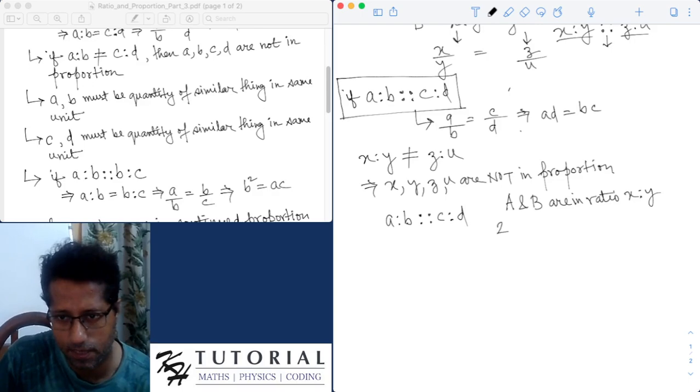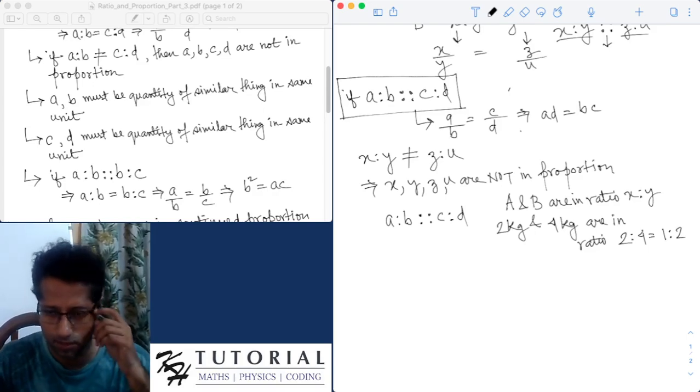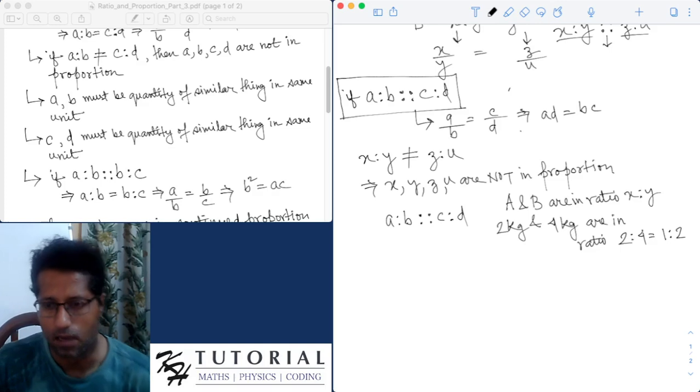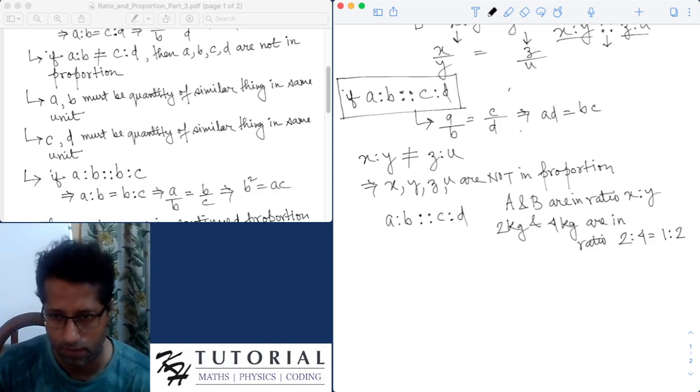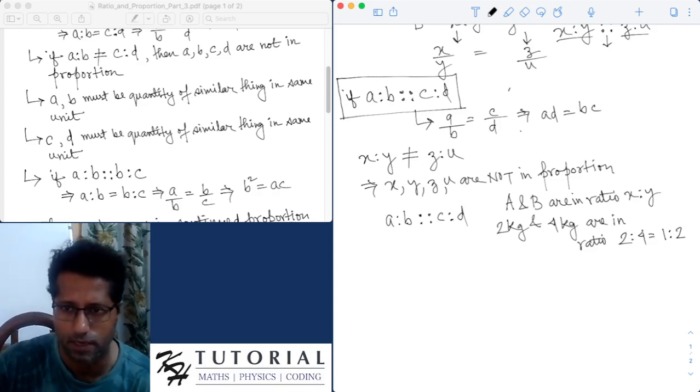So we say that 2 kg and 4 kg are in ratio 2 is to 4, which equals 1 is to 2. So the terms of the ratio are pure numbers, but the actual quantities whose ratio we are given could be pure numbers, or they could represent some quantity with some unit.